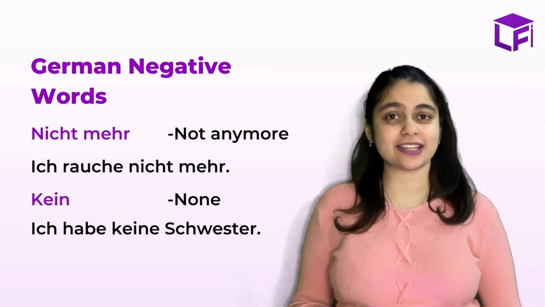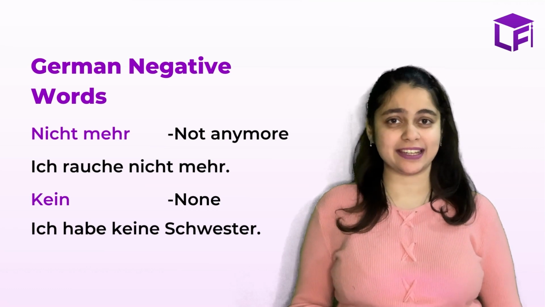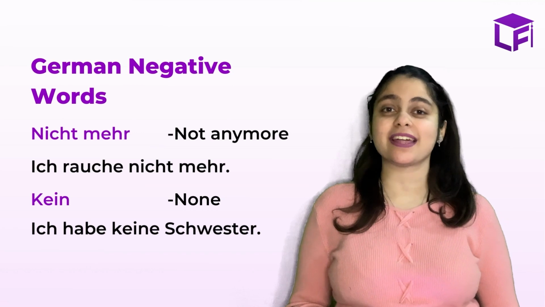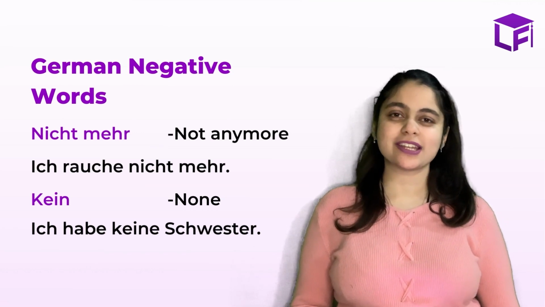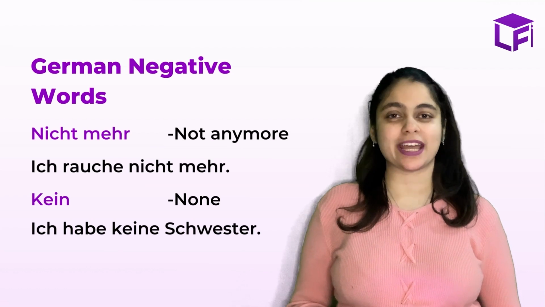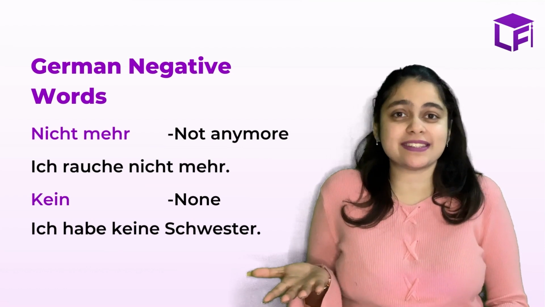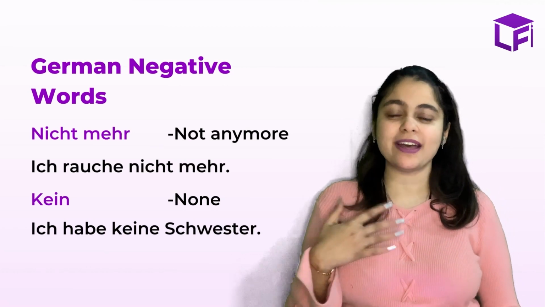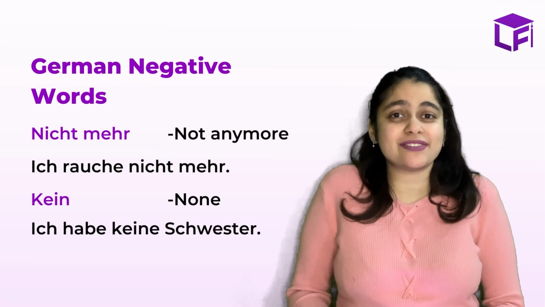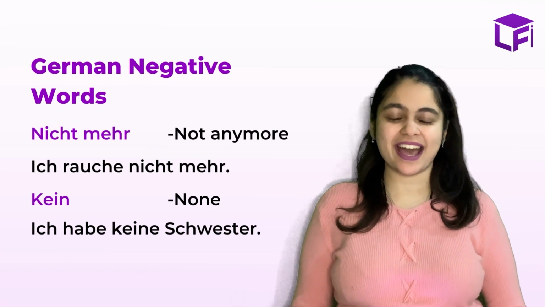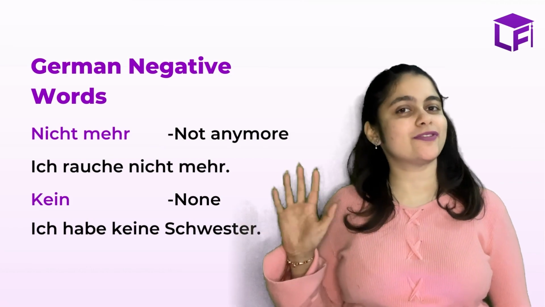Moving to the next one. The next negative for us says kein. Kein means none. Moving to its Beispiel, we can say Ich habe keine Schwester. Now this means I don't have a sister. Alright, moving to the fifth one.